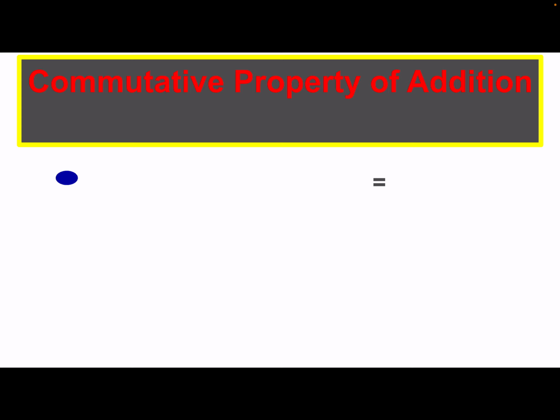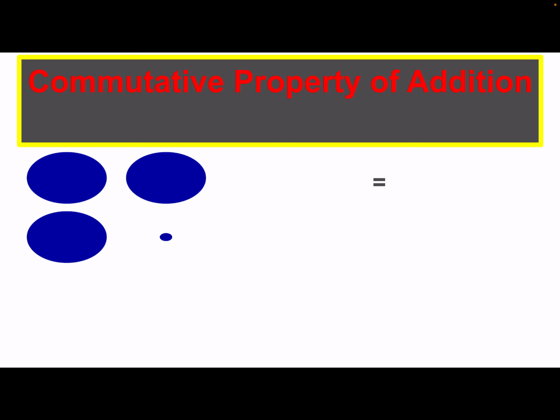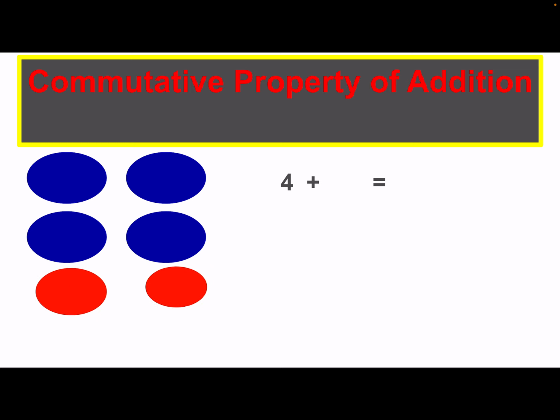So let's check. If we have 1, 2, 3, 4 balls, and then we add 1, 2, 3 balls, the answer would be 7.